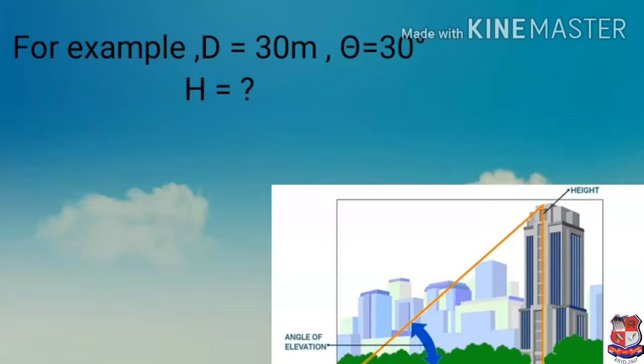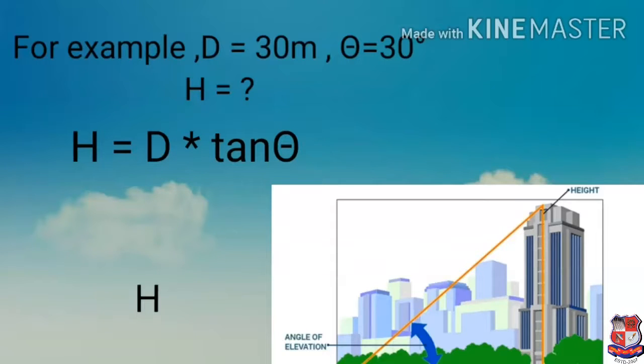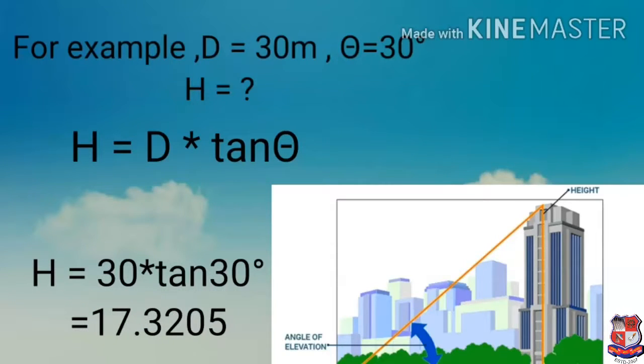So the equation h is equal to d tan theta is equal to 30 multiplied by tan 30 degrees, which is equal to 17.3205. This is the height of the building. So by using this equation, we can determine the height.